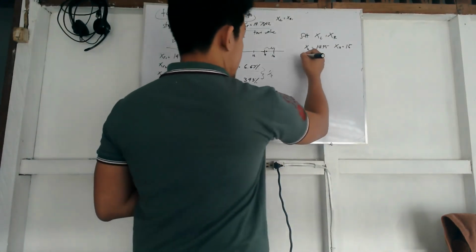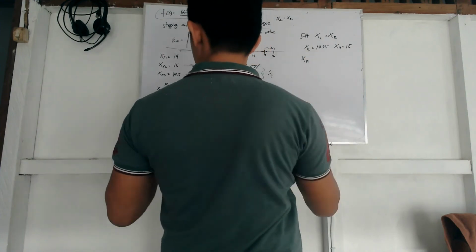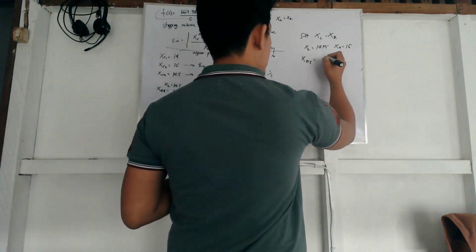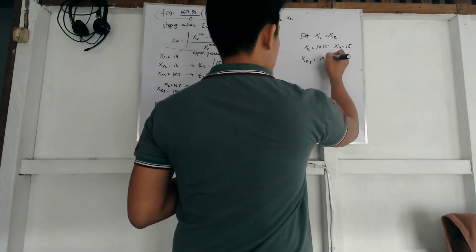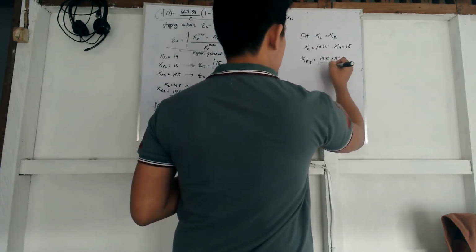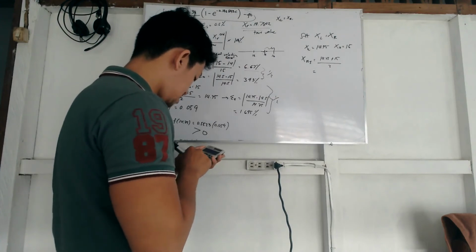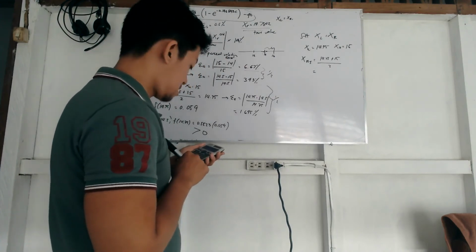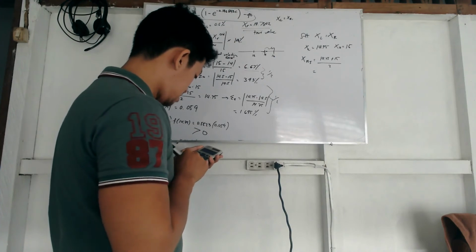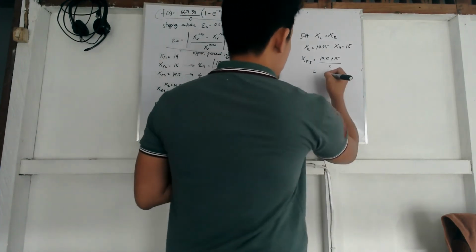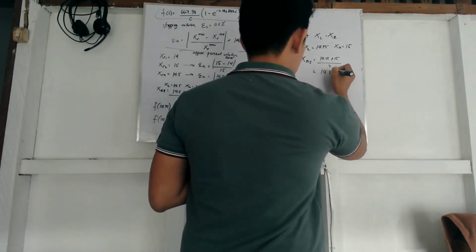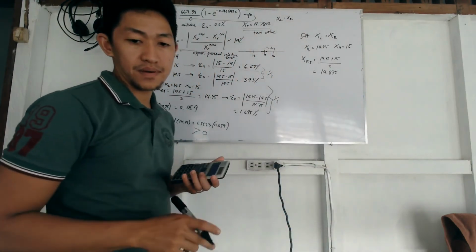And then proceed. XR5 is 14.75 plus 15 over 2. Ilang na? 14.875.